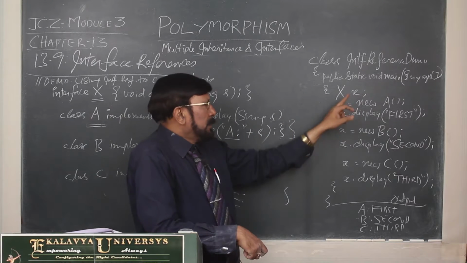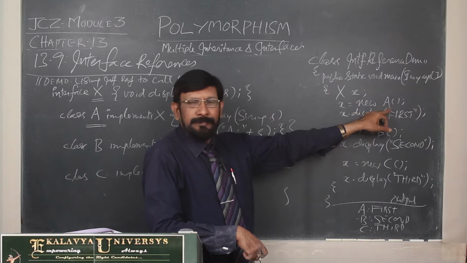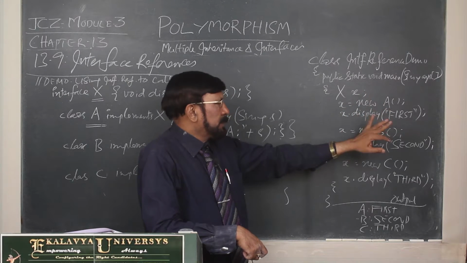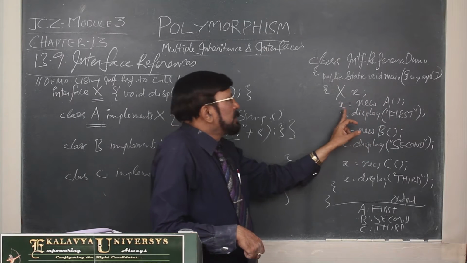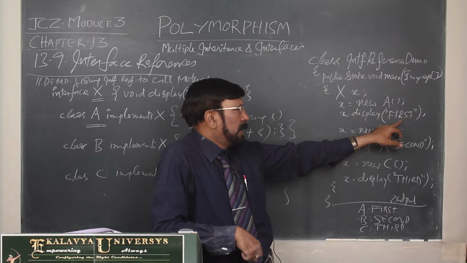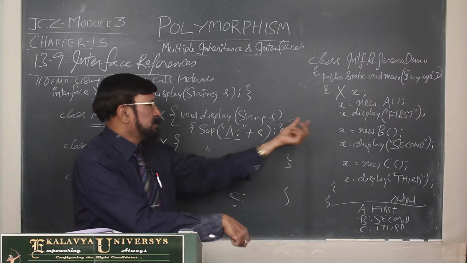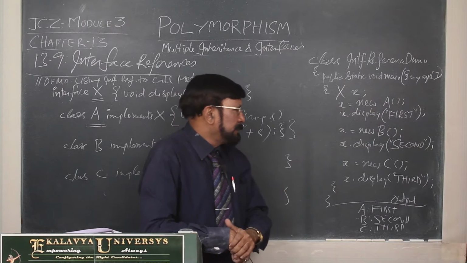Using the same reference type, I am using new A, that object I have created, and with the same reference I am calling X display, and in that I have given the first string S.